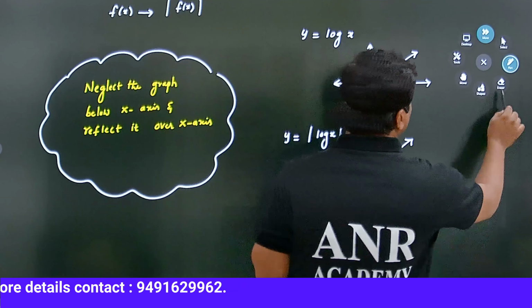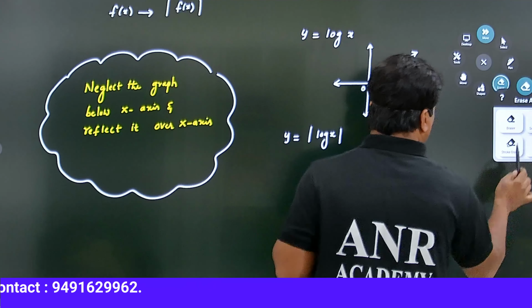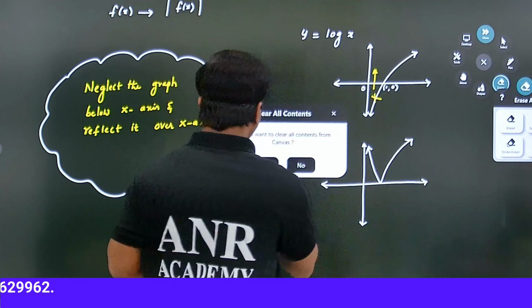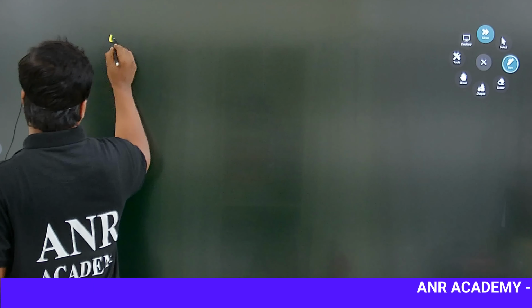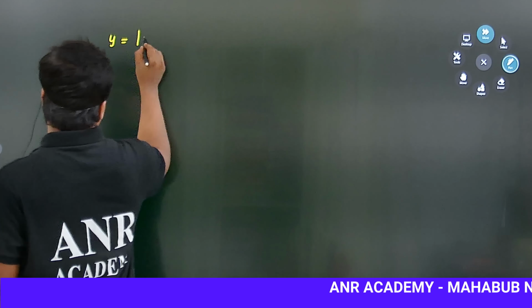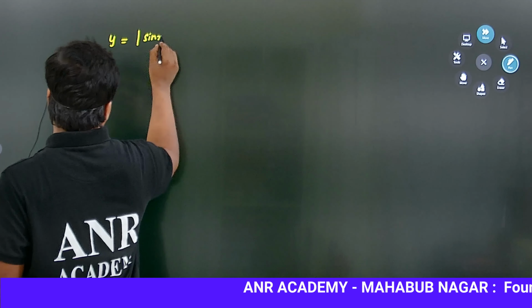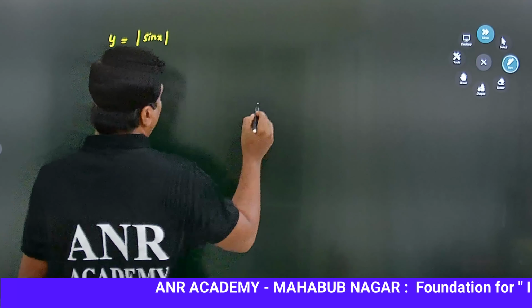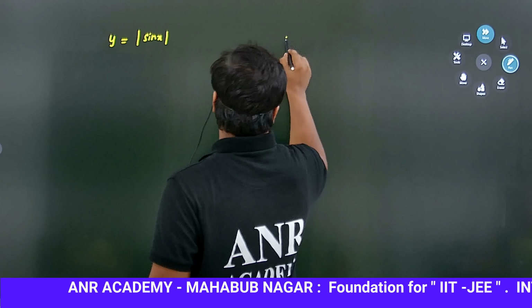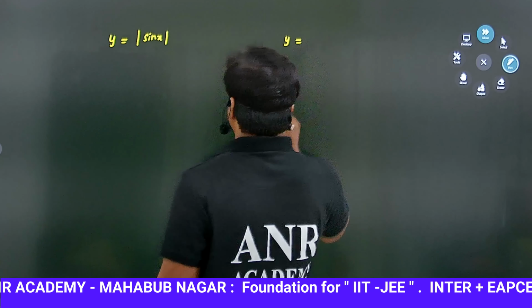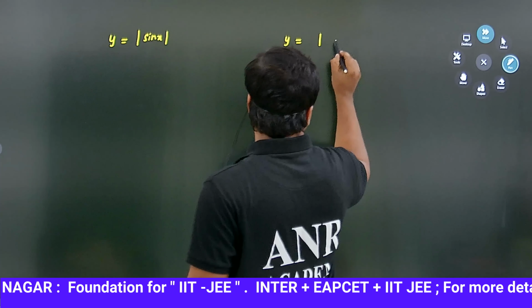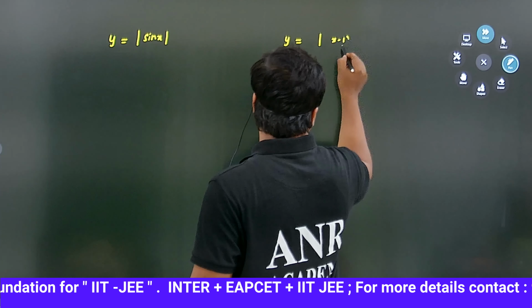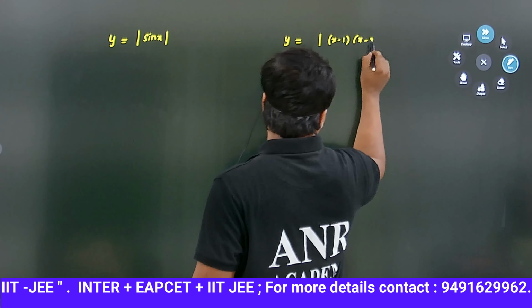Different kinds of functions I am going to select. Suppose the question is: draw the graph of y equal to modulus sin x, or suppose the question is: draw the graph of y equal to modulus of (x minus 1) into (x minus 2).